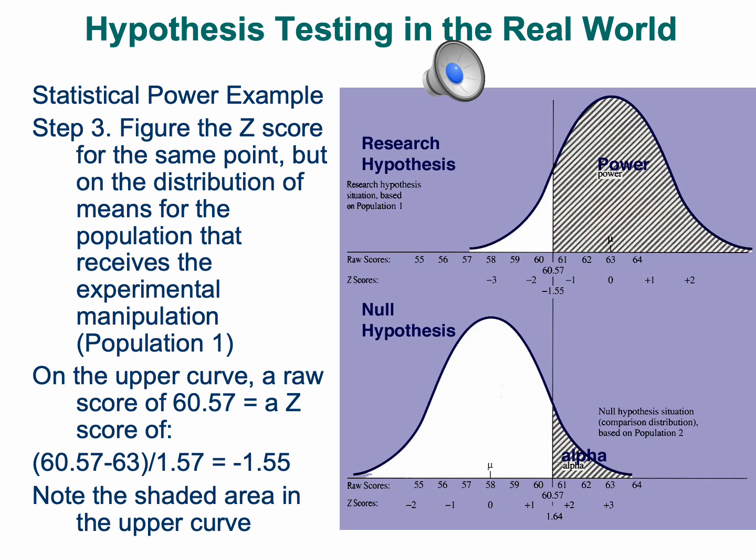Okay, so on the upper curve, a raw score of 60.57 equals a z-score of, and here we have to do some calculation, take the 60.57, subtract it from 63, divide by 1.57, which equals a negative 1.55.